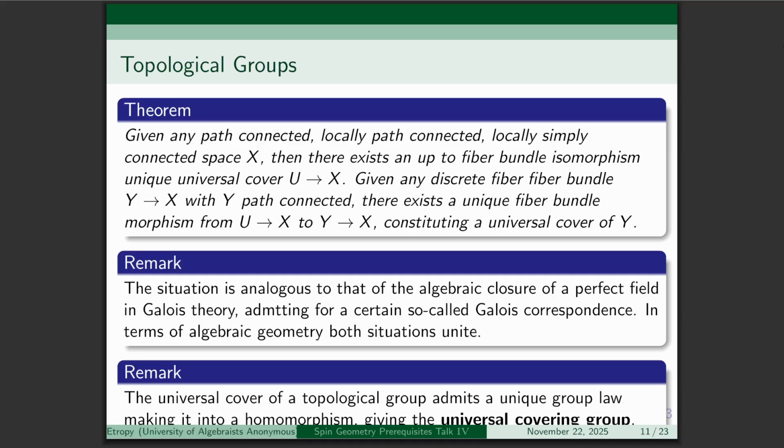It's unique also up to shifting, which makes sense formally: given one group law, you shift everything to have some other element be the neutral element. So this way you get another plethora of topological groups, just universal covering groups from any given topological group.